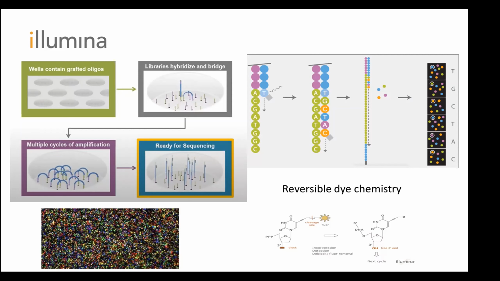The next step is the imaging phase, during which the emission wavelength and signal intensity determine the base call, which base is called. The third step is the cleavage of the terminator and the fluorophore, and then the process can repeat for as many cycles as needed for the read length that we need to obtain.